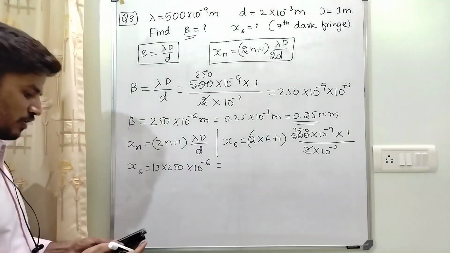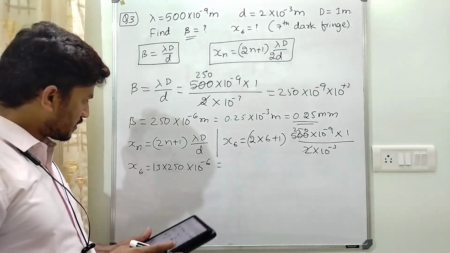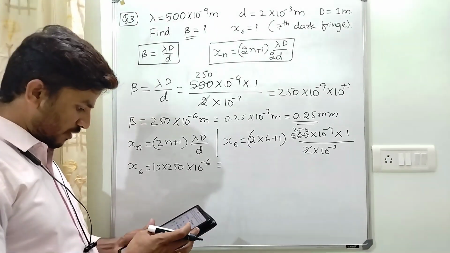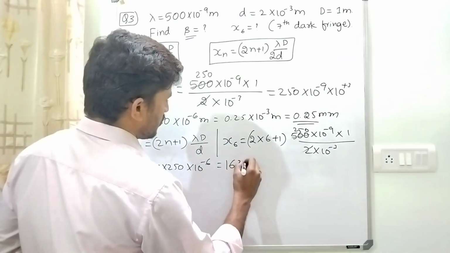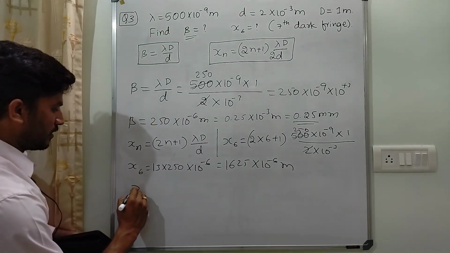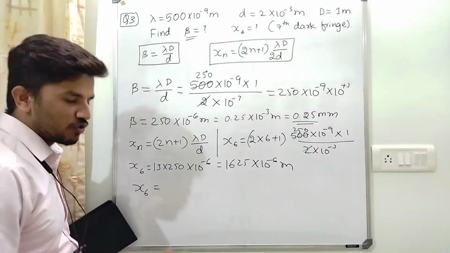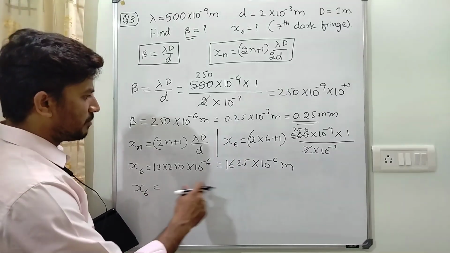If we solve this, I'm going to directly give you the value. I think you will get 1625. So you will get 1625 into 10 to the power minus 6 meter, and we usually keep the x value in millimeters.